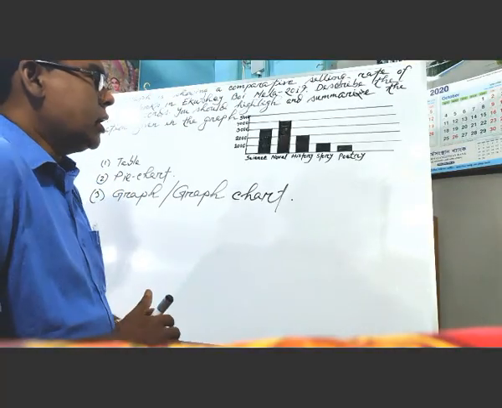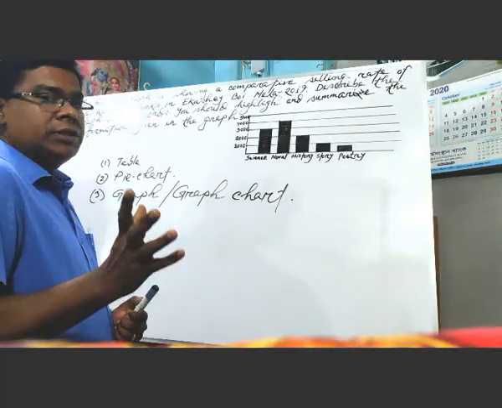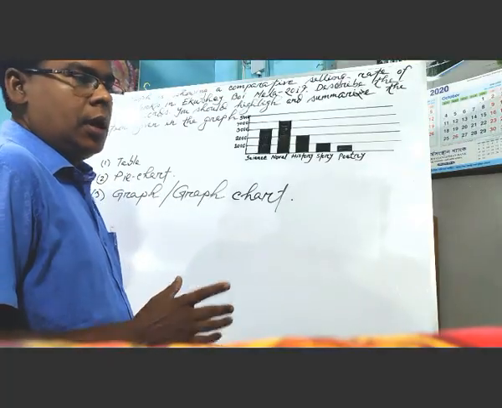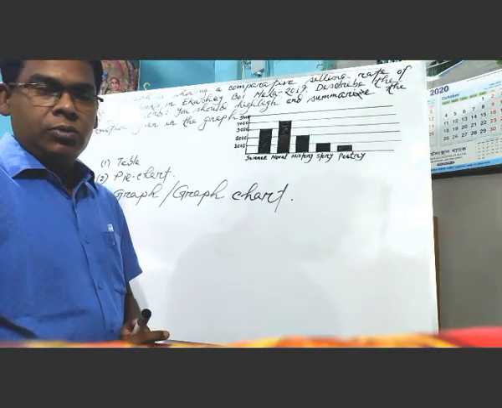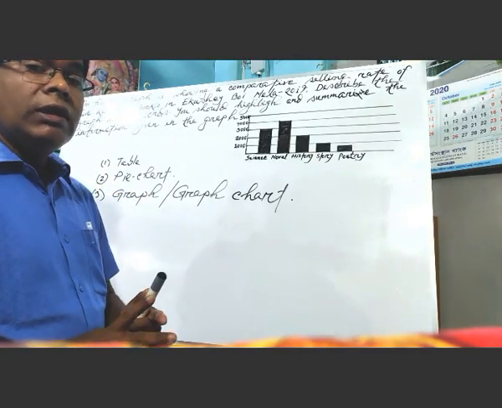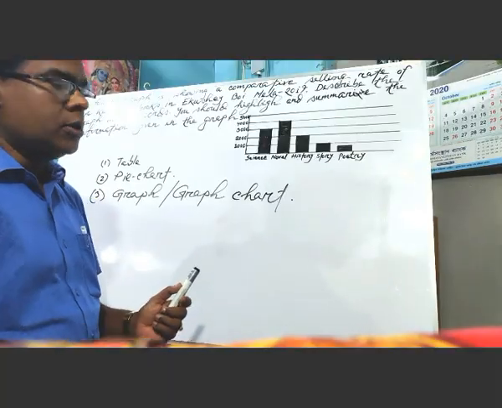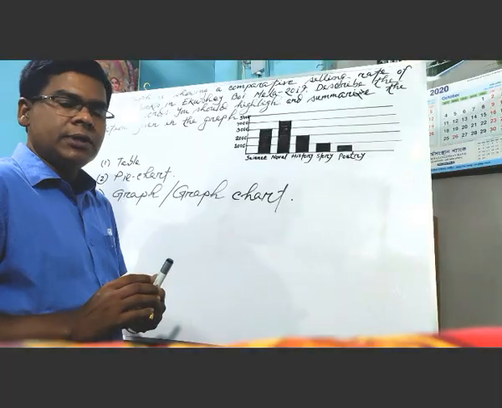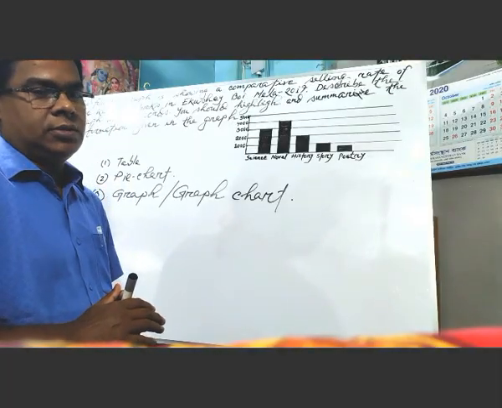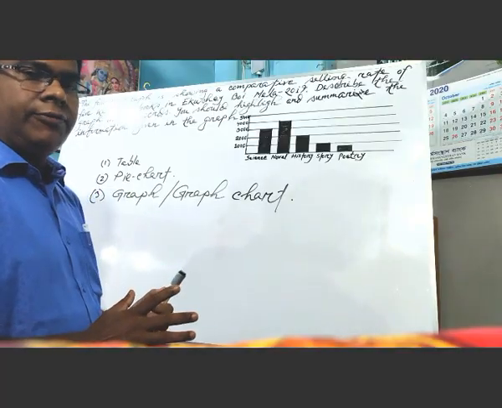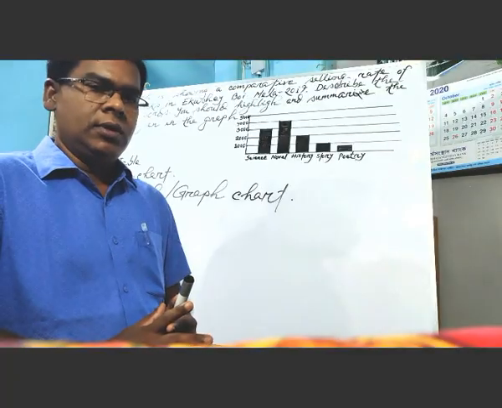Understand? So let's try to use easy words but authentic. Okay, student? And another thing that is very much important for you is that you will never cross your limit, because to write a graph chart you are asked to write it within 150 or 160 words.